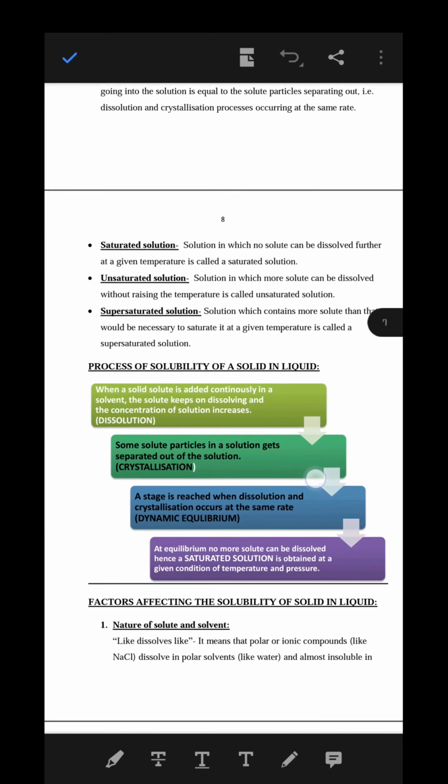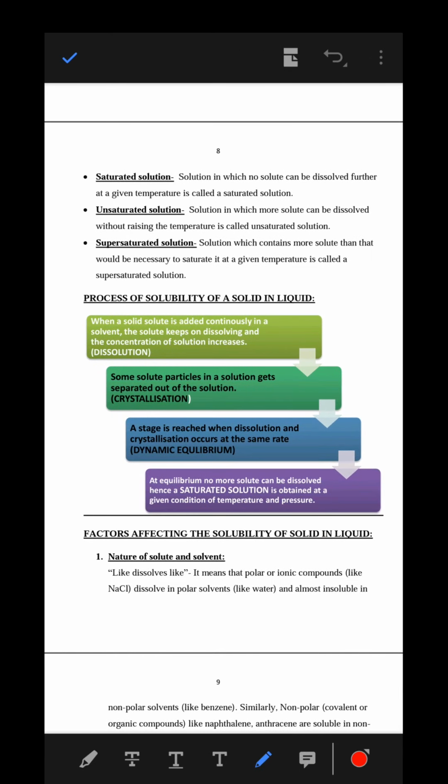Now the next term that we have to discuss here is unsaturated solution. Unsaturated solution is the solution in which more solute can be dissolved without raising the temperature, means there is space for adding more solute. After that, supersaturated solution.